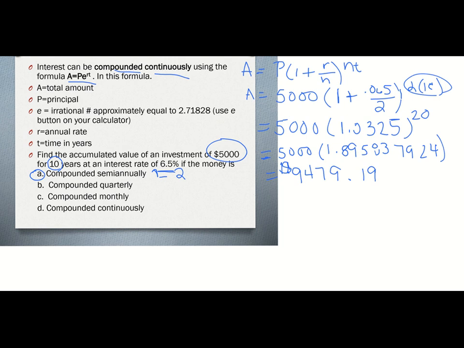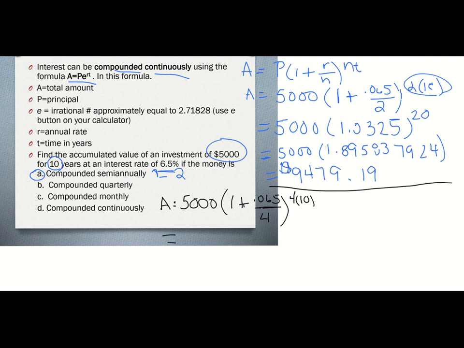Next, let's take a look at it compounded quarterly. So our formula is going to remain similar. We're going to have A is equal to 5,000 times 1 plus, our interest rate stays the same, so 0.065. But now N is 4, not 2, and it'll be 4 times 10 for my exponent.